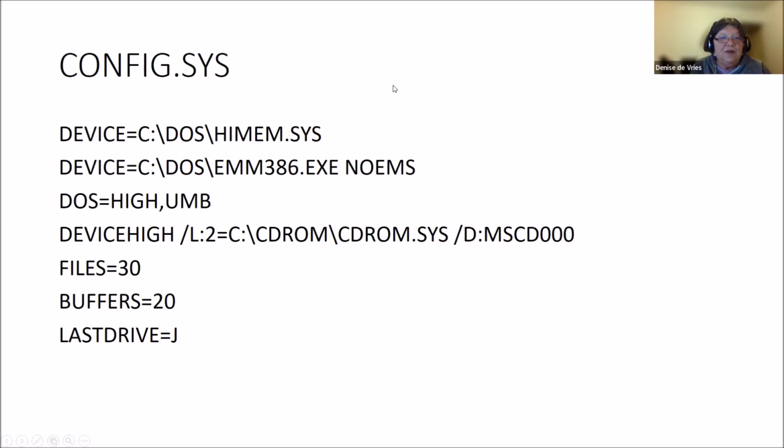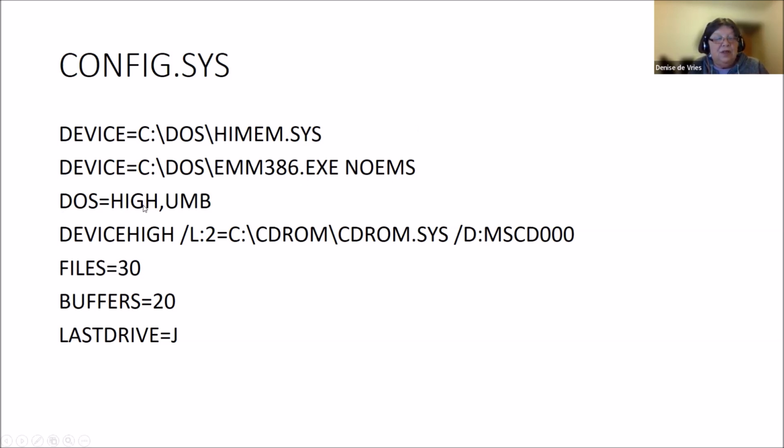So we load first the HIMEM.SYS into memory. Then we load the memory manager, and this extension says we're not going to use expanded memory, we're not going to use the memory card, which allows for an extra 64K memory in high memory.